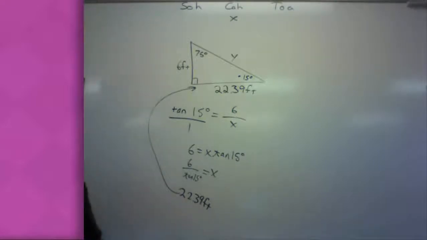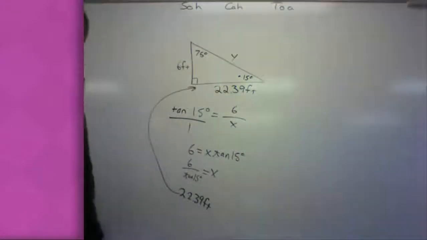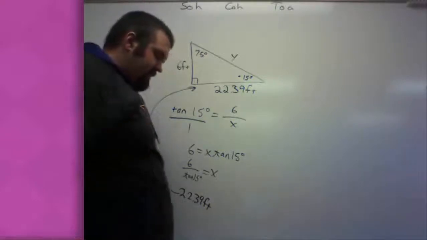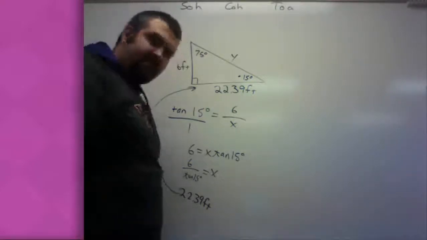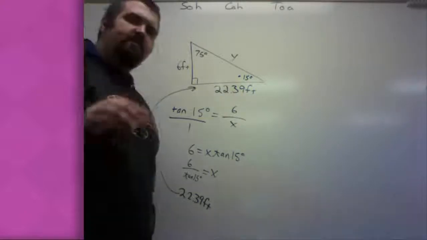To find y, I have two options. I could use sine, I could use cosine, or I could use Pythagorean's theorem. The me that says I'd like to use Pythagorean's theorem is the one that says I don't necessarily want to use the new stuff. However, the most accurate choice here would be sine. Why sine?